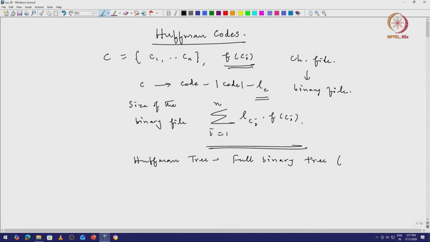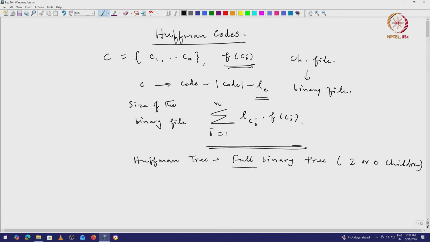Full binary tree means every node has 2 or 0 children. All internal nodes have 2 children. Of course, leaves have no children. Therefore, a tree of this kind is called a full binary tree.